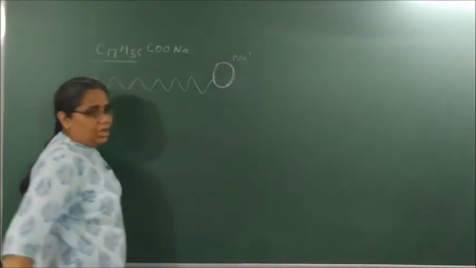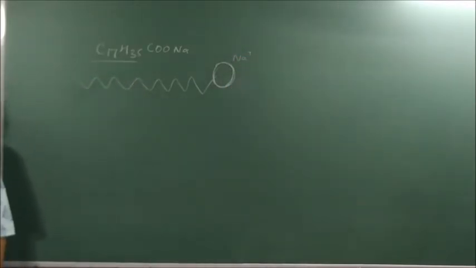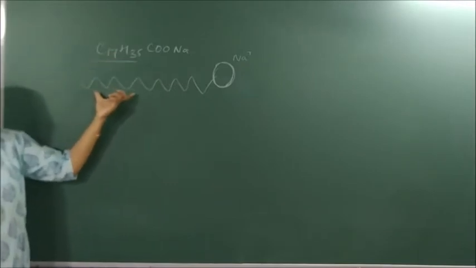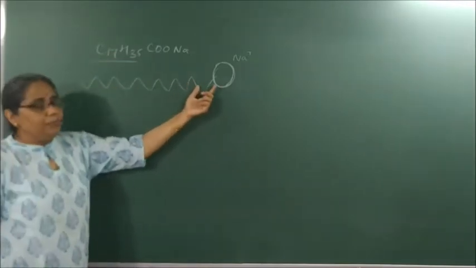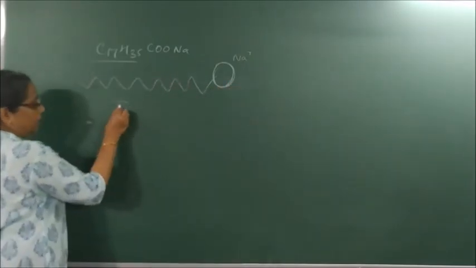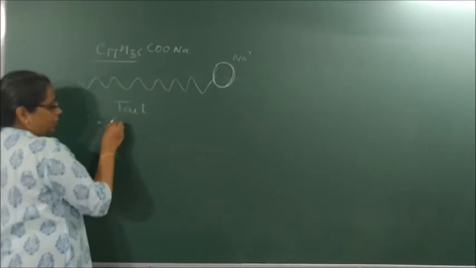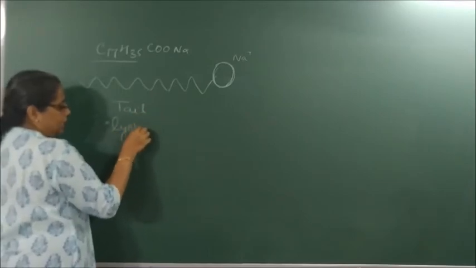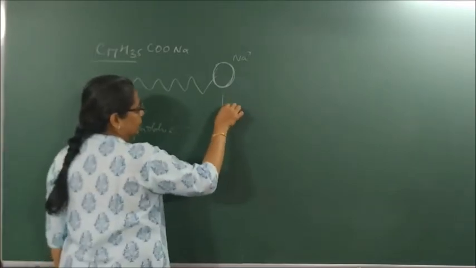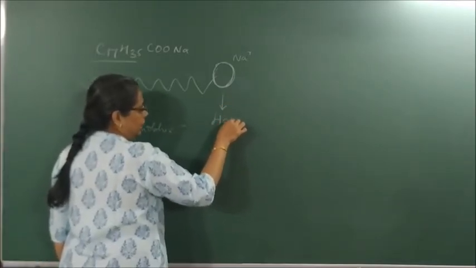So this is the diagrammatic representation of a soap. This tail is what in nature? Lyophobic in nature. And the head is lyophilic in nature.